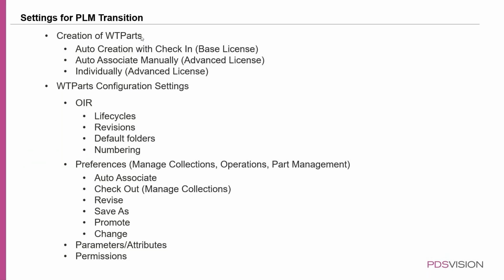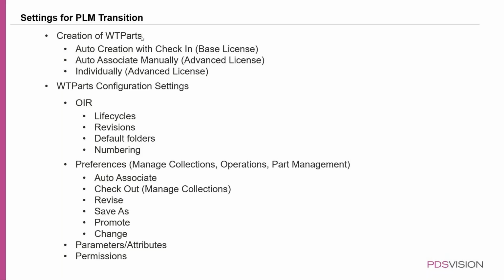So when you're going to transition from PDM to PLM, you want to look at upgrading your licensing as well to one of the advanced licenses. With the advanced licenses, this is beneficial as well because you may have different Windchill environments that have CAD files but no WT part files because they weren't created during check-in.